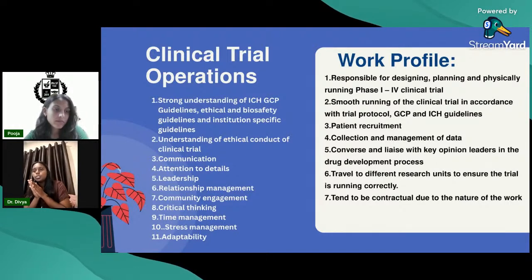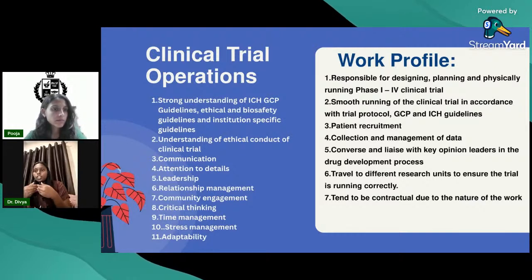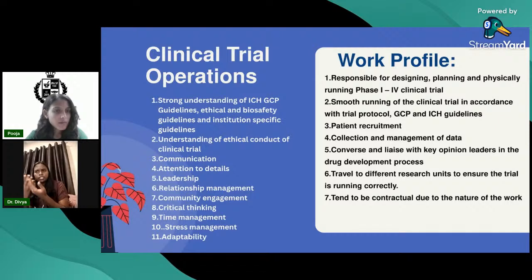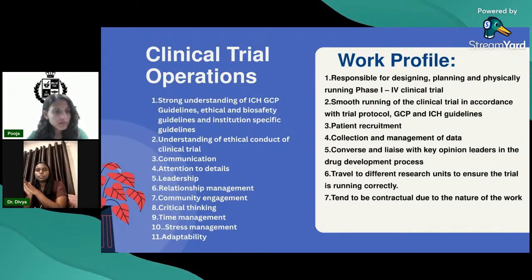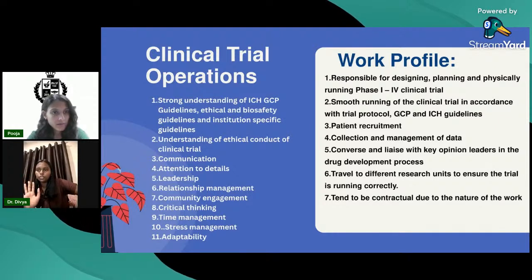So you should be flexible for traveling or staying at other places. That should be convenient for you, so you should be ready for this.